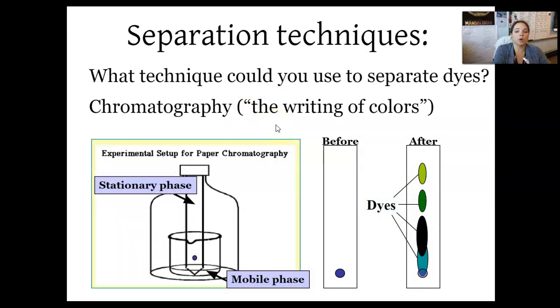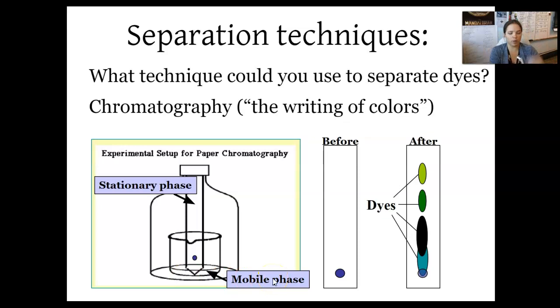Okay. So how could you separate dyes, even ink? This is where you get chromatography. So you would set up a mobile phase, which in certain cases could be alcohol, could even be water, if you have a water soluble.